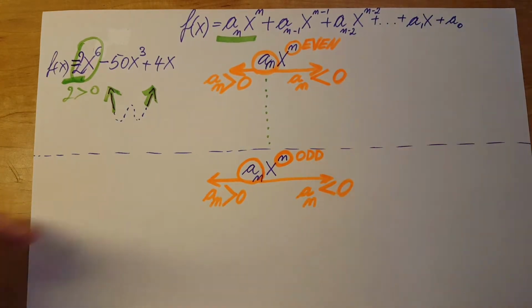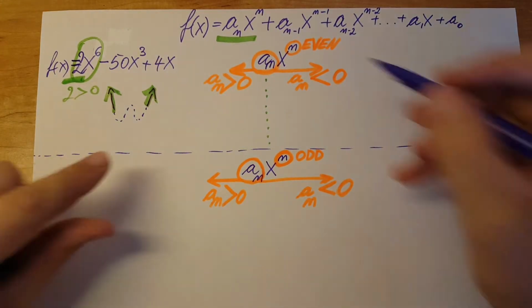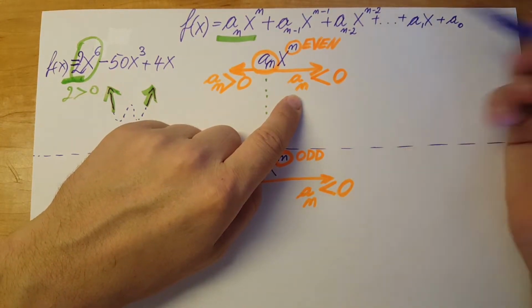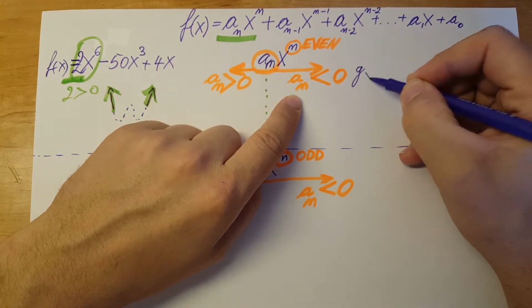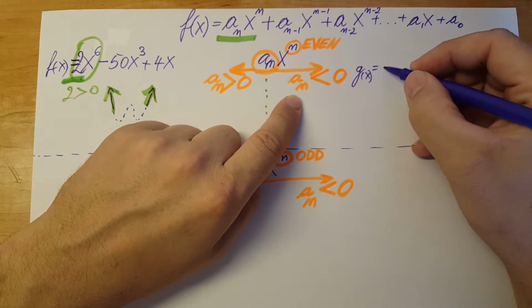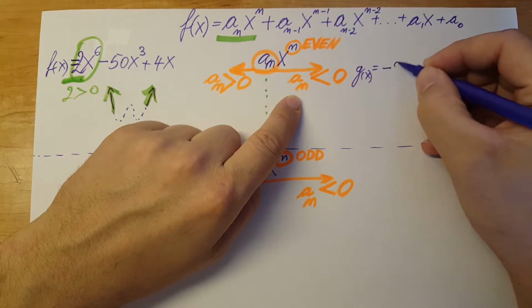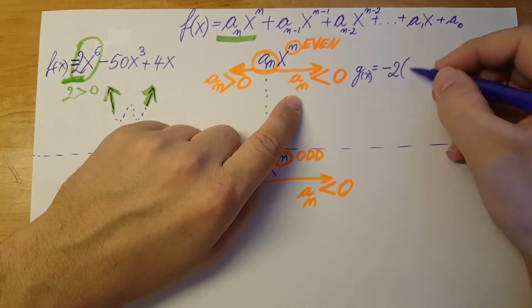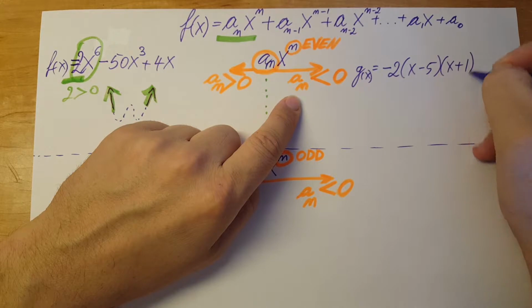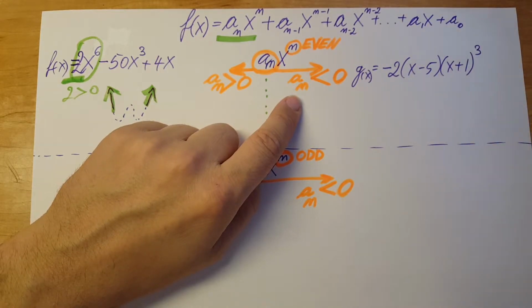Okay, let's take a look at when our coefficient is negative. I'm going to write a function for this. g(x) equals negative 2x times (x plus 1) cubed.